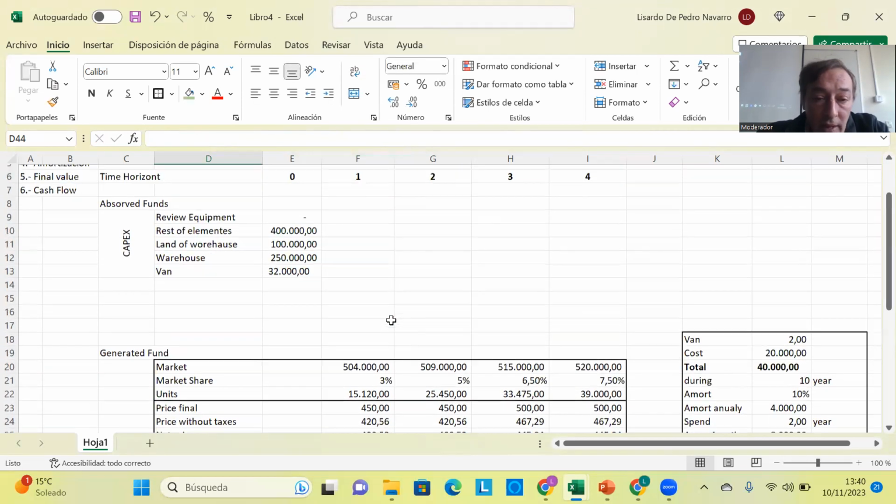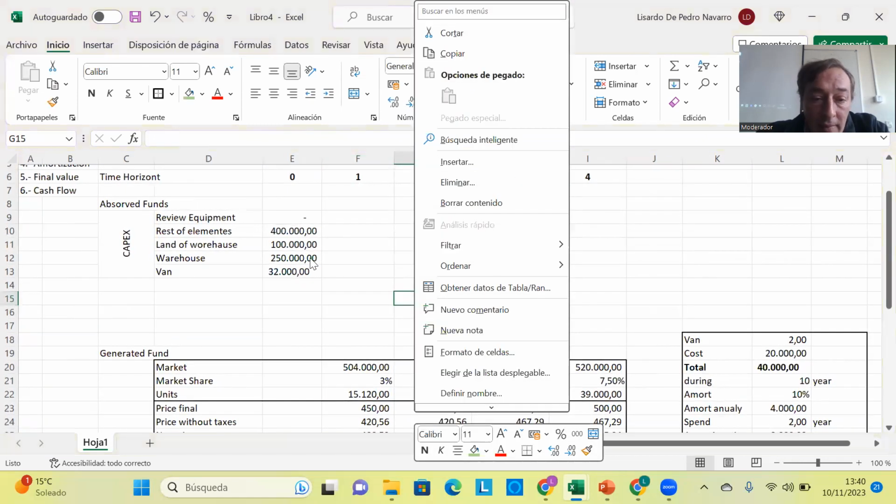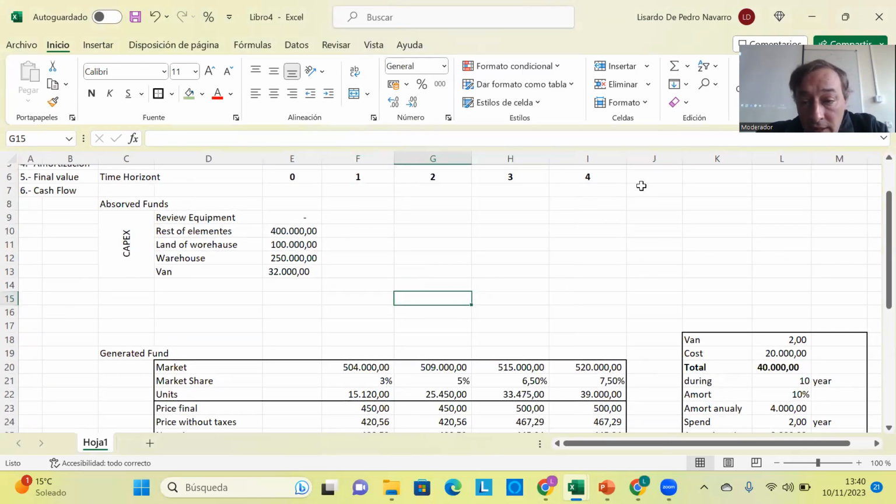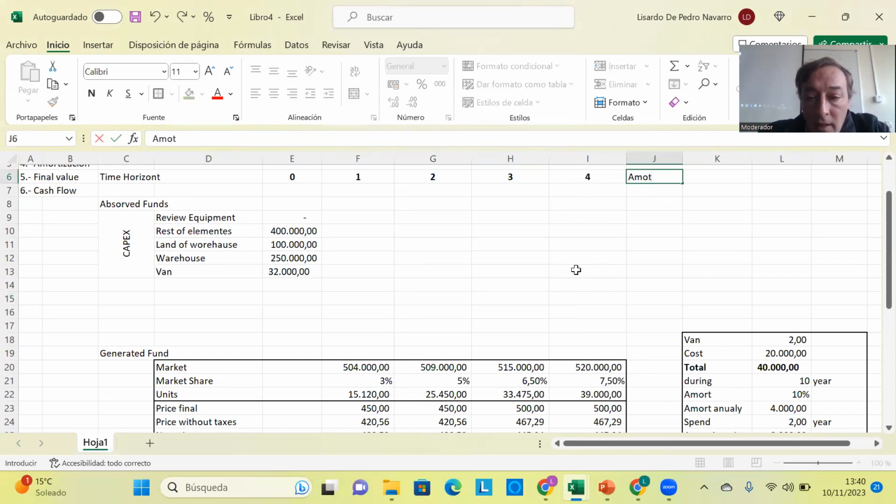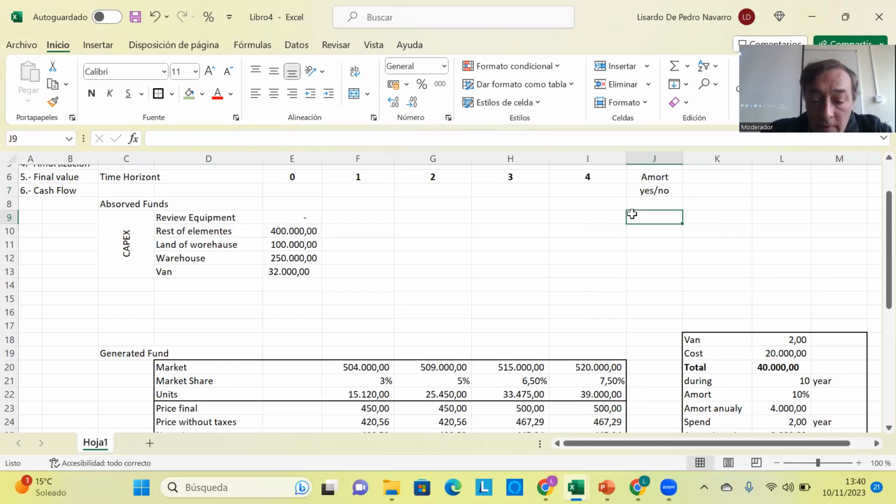Here we have the elements that we have to amortize. So here we have amortization, yes or no. The review equipment is no, because you don't have cost.